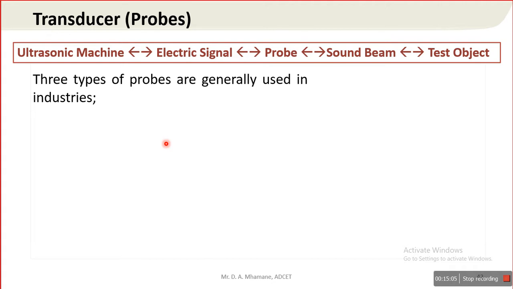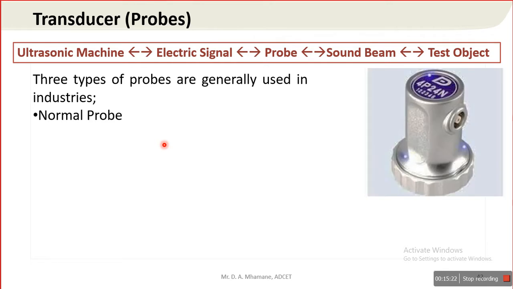Transducer, probe and search unit are nothing but the same single component. There are three types of probe generally used in the UT method. First one, normal probe, as seen in the first image.